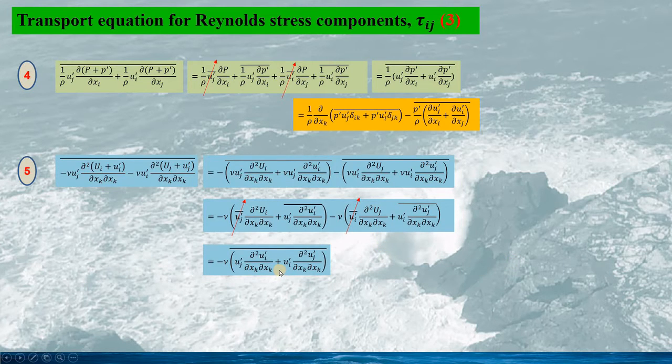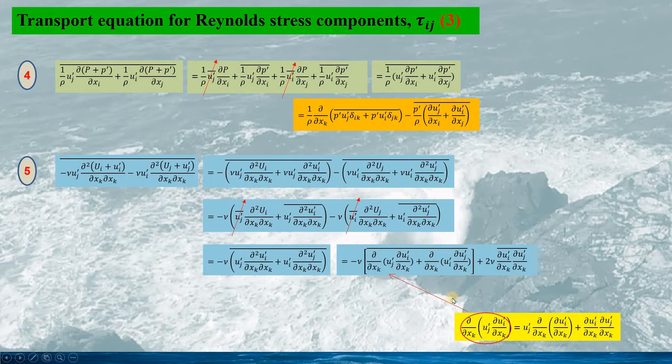Thus, we have the expression as this. And we can do a little bit more derivation for this term. We have this. Since we can see this term came to here and this came to here, we have the expression as this. And putting these two terms together, we have the expression as this. So the final expression for the fifth term is given as this.